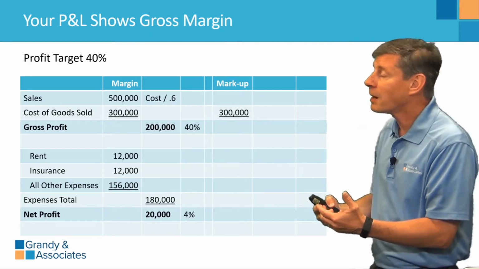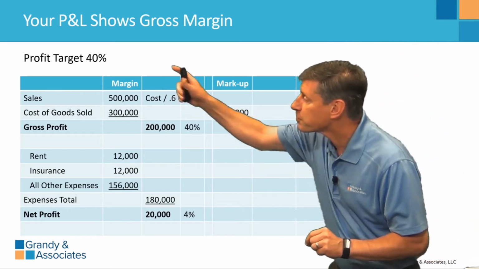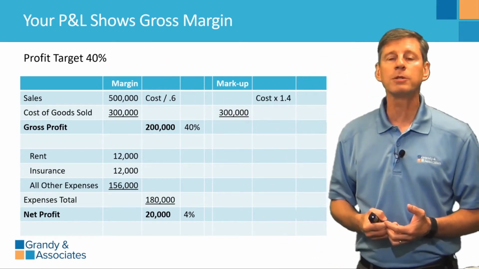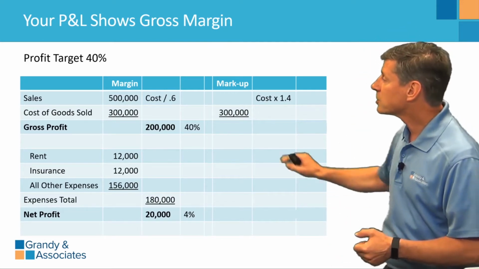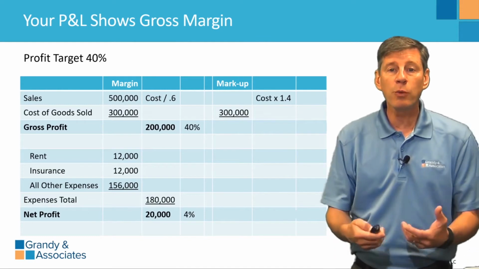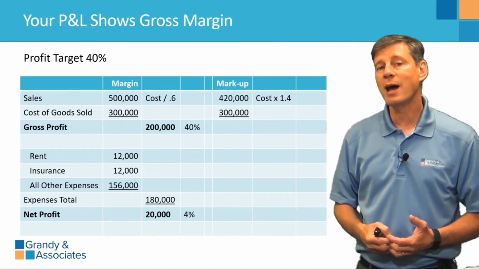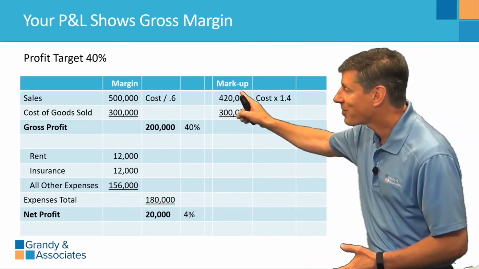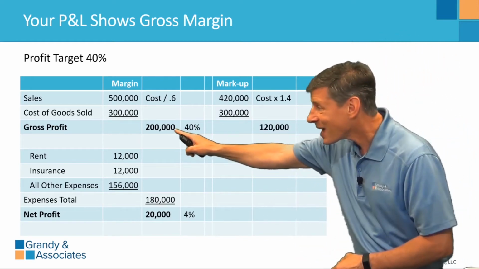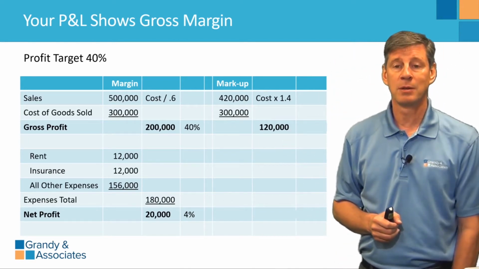Now, if I'm using markup, the error that most make is that if we're shooting for a 40% profit, we'll use a cost times 1.4 multiplier. Well, if I do this, $300,000 in cost times 1.4 will result in a total sales of $420,000. When I subtract that out, I find out now my gross profit is not $200,000, but instead it's $120,000.